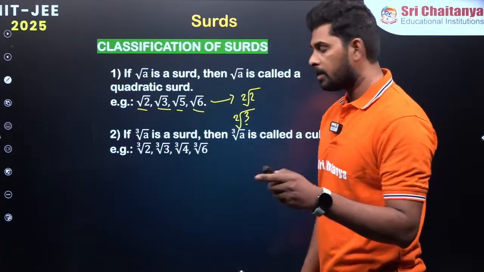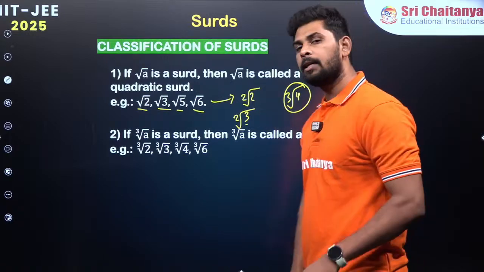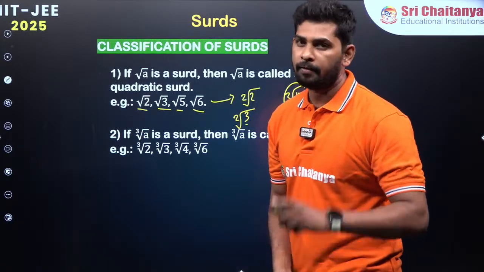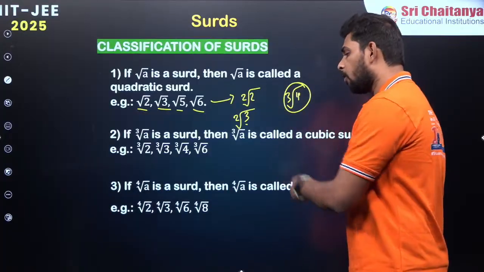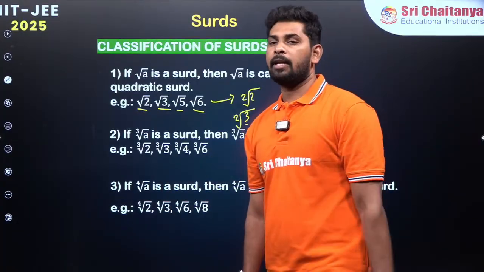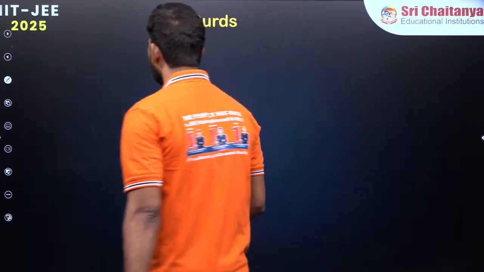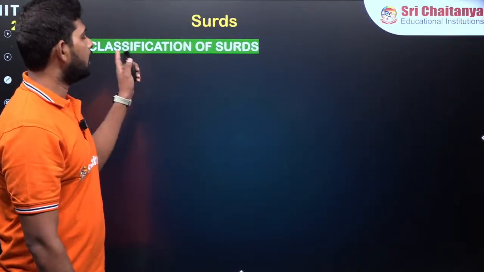Then cubic surds: if you take the cube root of 4, that is a surd whose order is 3. If the order is 3, that is called a cubic surd. And then biquadratic: in the same way, we take the order as 4, which gives us a biquadratic surd. We have already shown some examples.